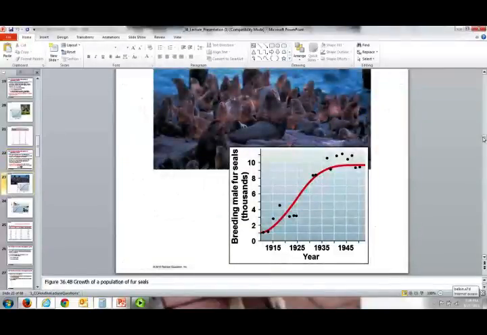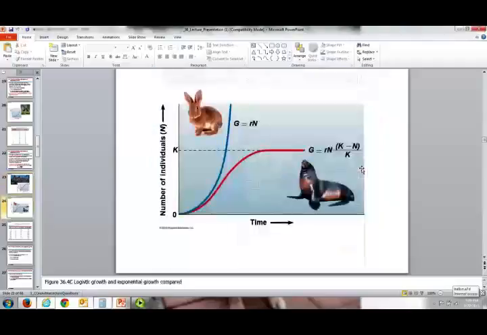This is showing a different type of growth curve. You can see it increases, but then it reaches a point where it stabilizes. Where it stabilizes would be considered the carrying capacity. This shows a J-shaped growth curve and a more S-shaped growth curve.